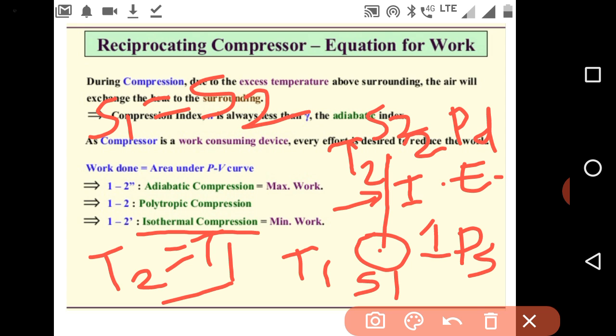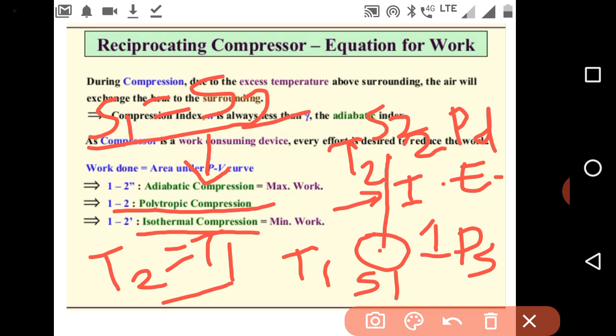At that time we can say that the compression is adiabatic, because entropy is the same. Isothermal and adiabatic are the two limits, and whatever is in between these two, we can say is polytropic compression.